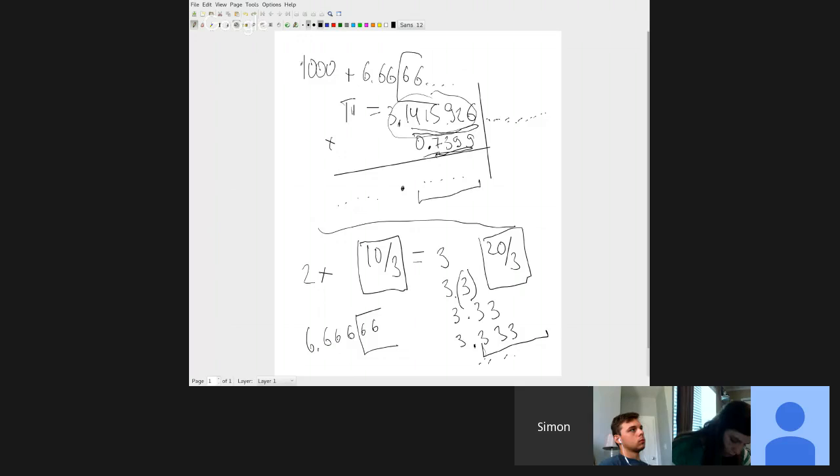We can ignore the rest of 6.666 and concentrate on the first part. So we don't need anything to the right of some border.